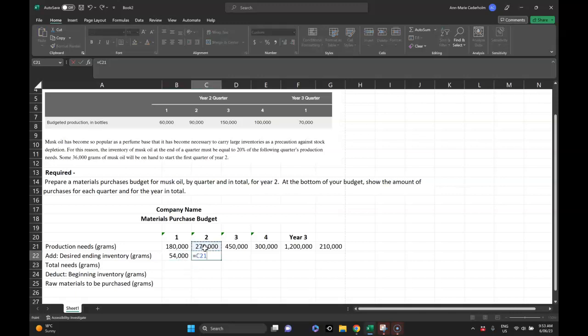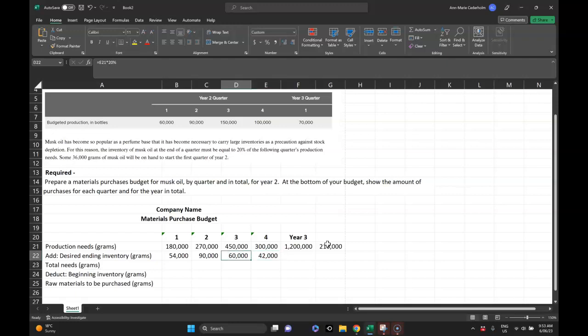Let's do it again. 450,000 times 20%. 300,000 times 20%. And then quarter 4, this is why I put this one to the side, because it's going to be 20% of the next year's quarter. So 20%. Just saving myself some time.